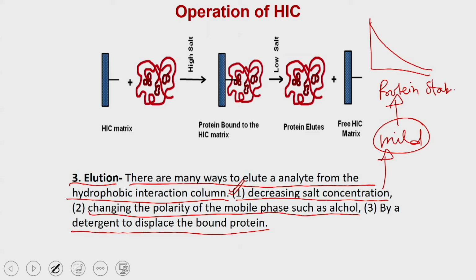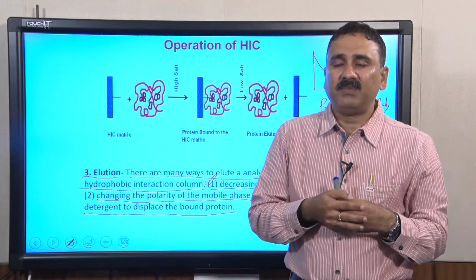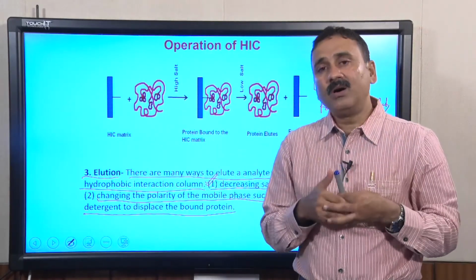But if you use the alcohol method, it is going to be very harsh and it may destroy the activity as well as the three-dimensional structure of the protein, and the same is true for the detergent as well.